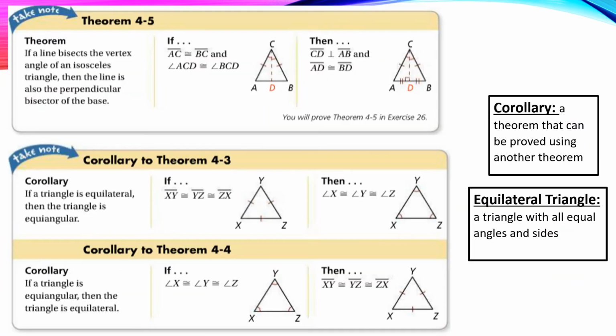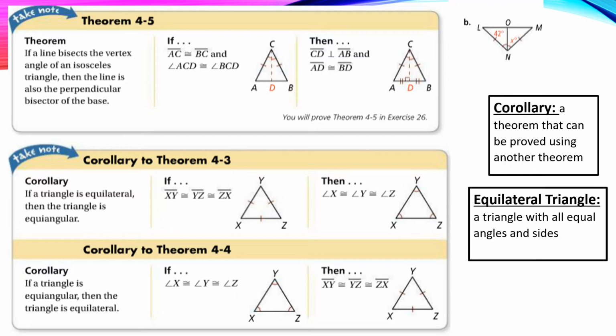Okay, so revisiting, let's look at theorem 4-5. If a line bisects the vertex angle of an isosceles triangle, then the line is also the perpendicular bisector of the base. So if AC is congruent to BC, and angle ACD is congruent to BCD, that means the bisector is perpendicular to the line. So let's look at our number two.